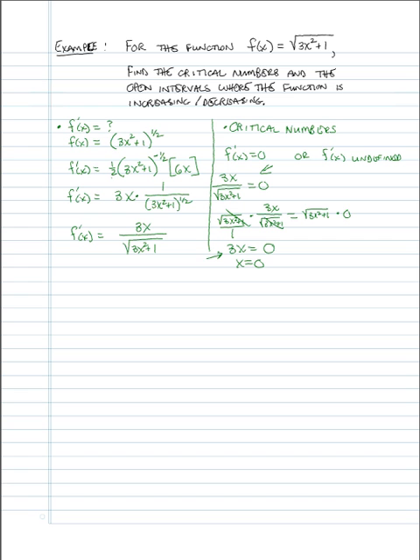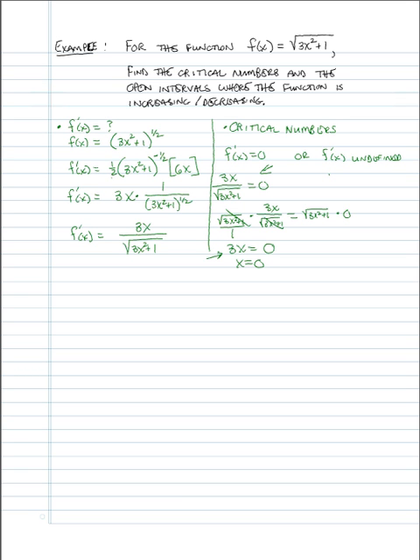Now, we go back and look at this fraction, and we want to know if f prime of x is ever undefined. So we're looking at 3x over the square root of 3x squared plus 1. Well, what we would be worried about are two things. Are there x's that cause a negative under the radical? Or are there x's that cause the denominator to be 0? Because we're dealing with x squared, no matter what x we put in there, when we square it, we'll get positive, or maybe 0.